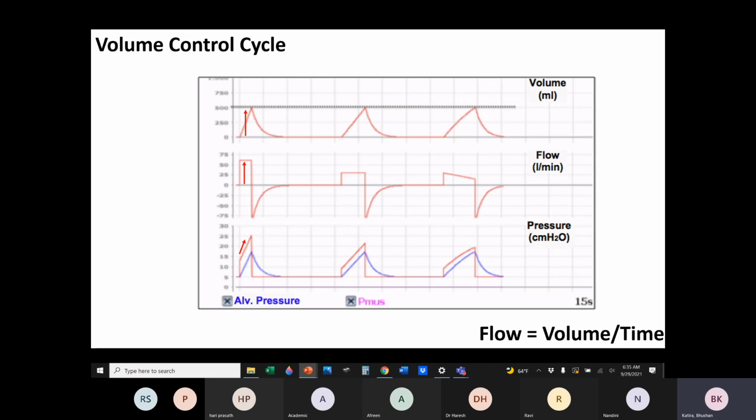This is about how the ventilator actually functions and why we say that plateau pressure is equal to alveolar pressure, or end expiratory hold when we do auto PEEP measurement. Why do we see that this is the alveolar pressure at the end of expiration? That is because when there is no flow, the pressure in the airway reflects the pressure in the alveoli. I'll come to that again in a minute.